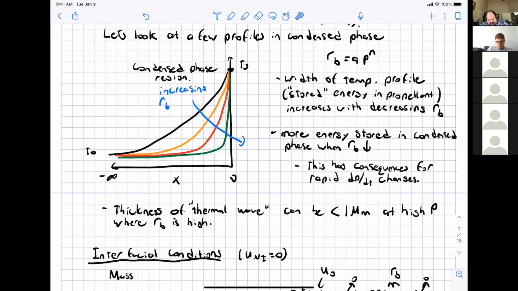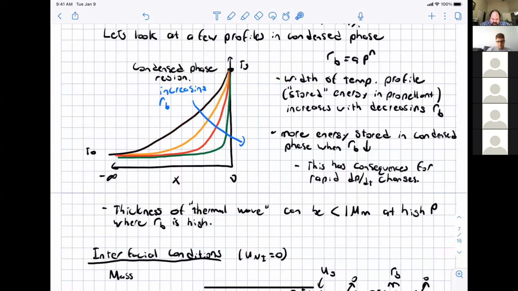But basically the thickness of this thermal wave is dictated by the amount of time that heat conduction has to heat up the material. The rate of heat conduction is not dependent on the burning rate, but the faster you burn the material, the less and less time that heat conduction has to actually heat the condensed phase material.